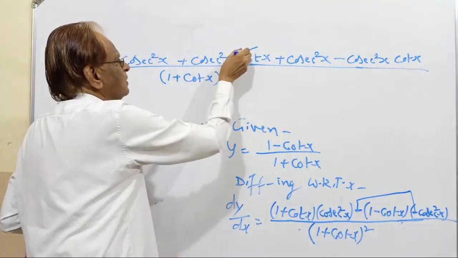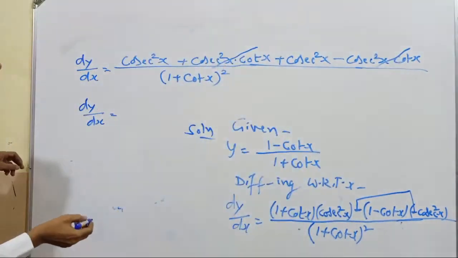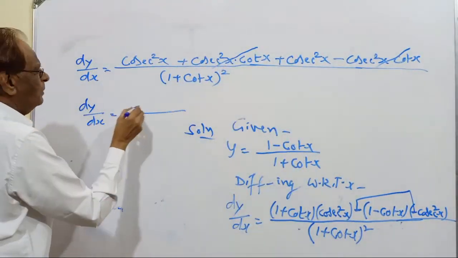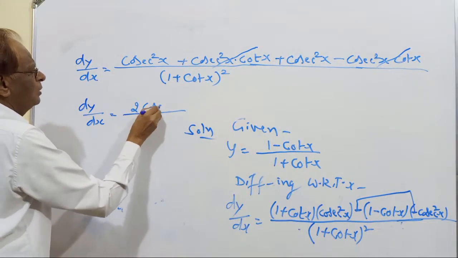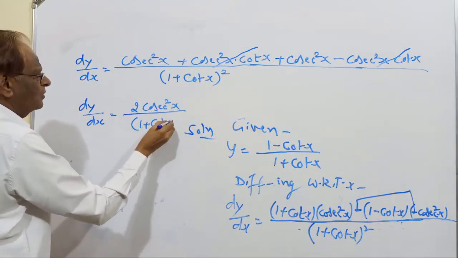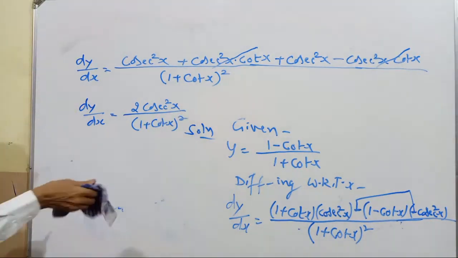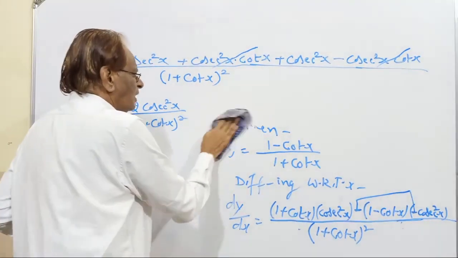This minus into this minus gives plus, and this plus and this minus cancel, giving cosec squared x plus cosec squared x, 2 cosec squared x by (1 plus cot x) whole square. This is the general dy by dx.